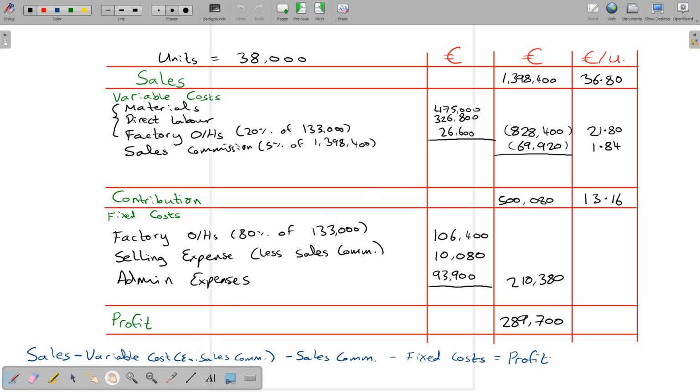You then remember, you're basically turning it from a tabular form into an equation: sales minus variable costs minus fixed costs equals profit, but you're segregating variable costs and sales commission. Even though they're both variable costs, you segregate them because your sales commission will always be a percentage of sales.